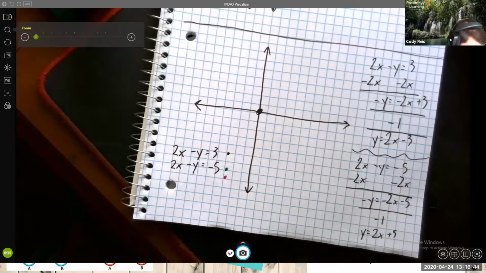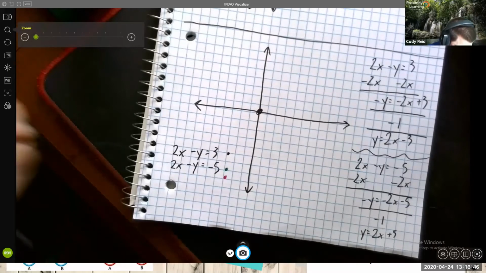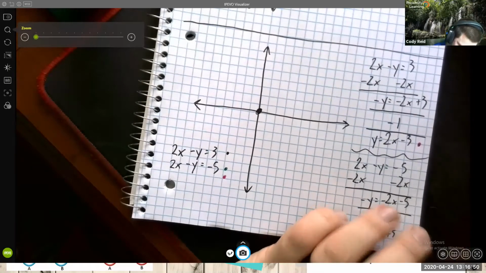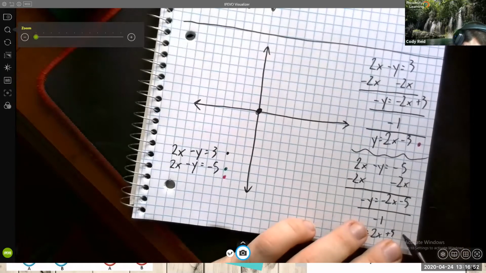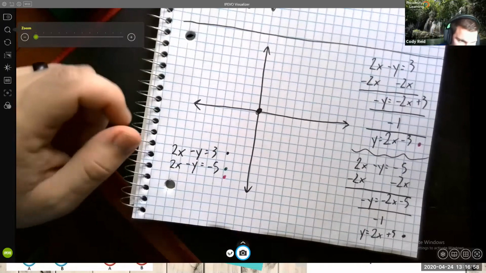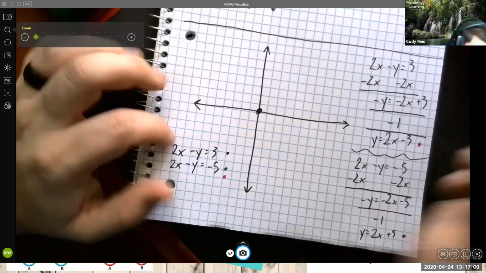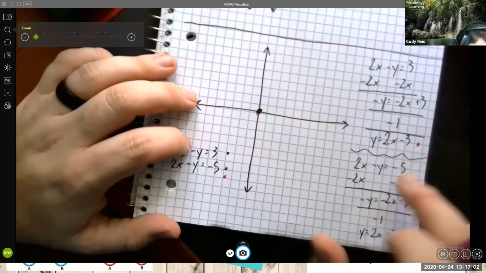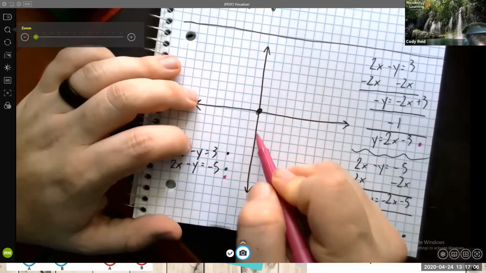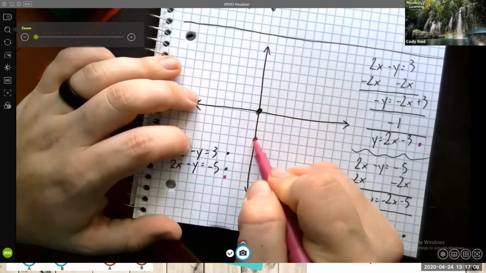Okay. So now I'm gonna graph this one and then this one. So I'm gonna graph y equals 2x minus 3 with my pink marker. All right, so starting at negative 3, because that's where it crosses the y-axis. I'm gonna go down 3 spots, put a dot there.